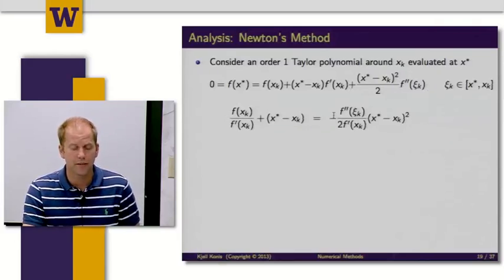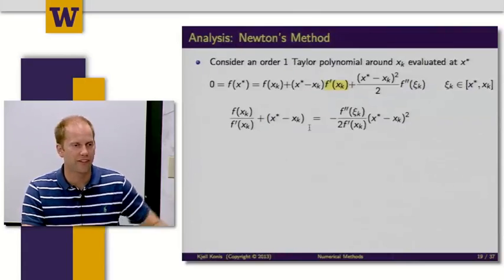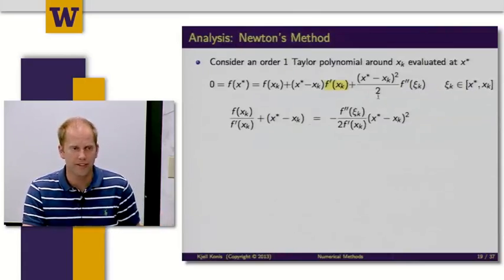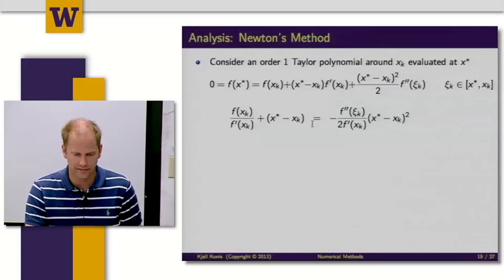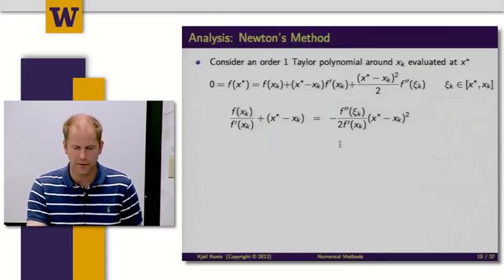I just divided both sides by f prime of xk. I also moved some stuff to the other side of the equal sign. The right-hand side looks like it's getting a little more complicated, but the left-hand side is starting to look a little like the Newton's method iteration. So let's see what happens if I keep going.